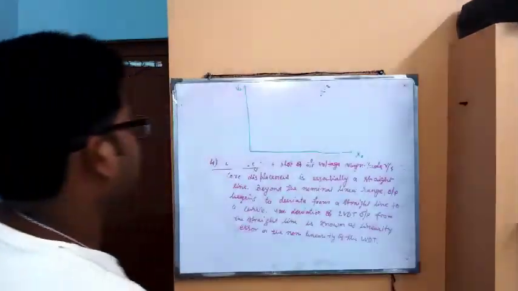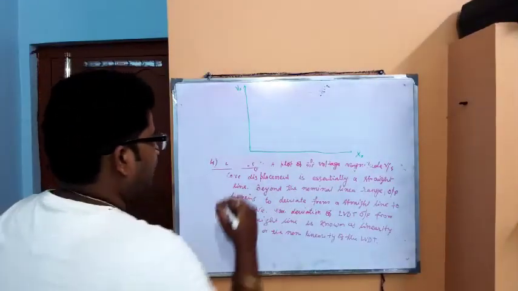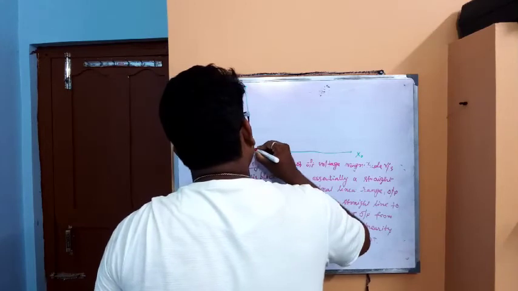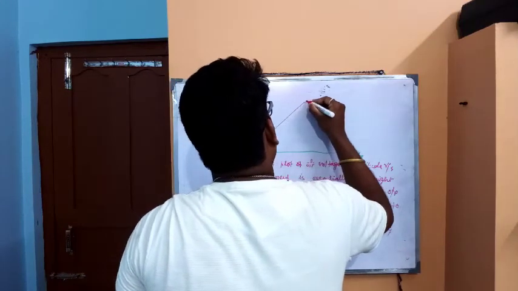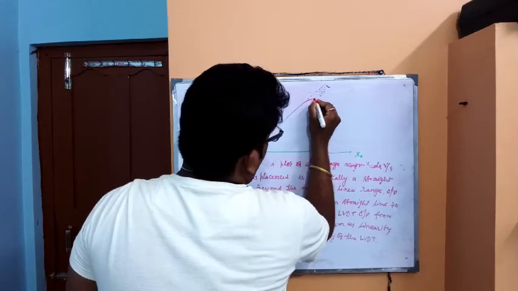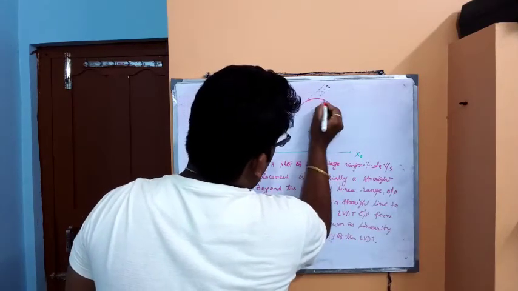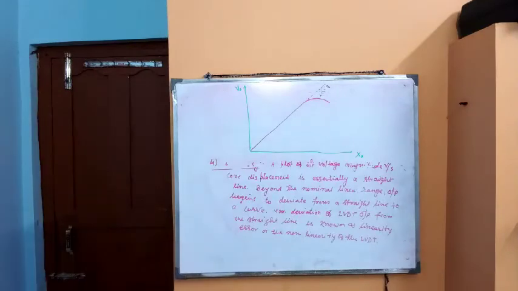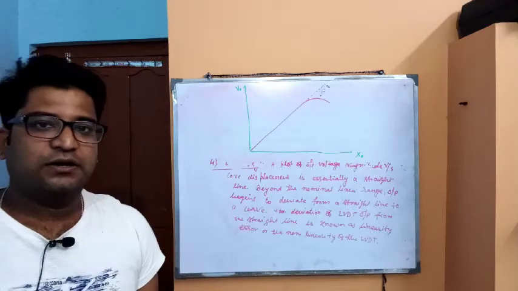The relation between the output voltage and the displacement should be linear up to a certain point, but after that point it will start deviating towards a curve.